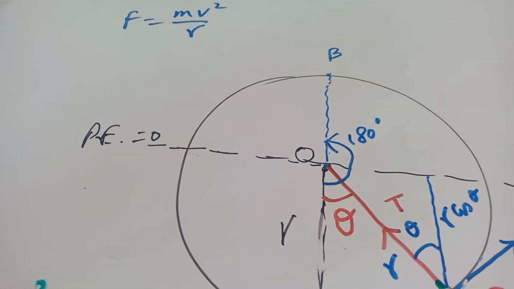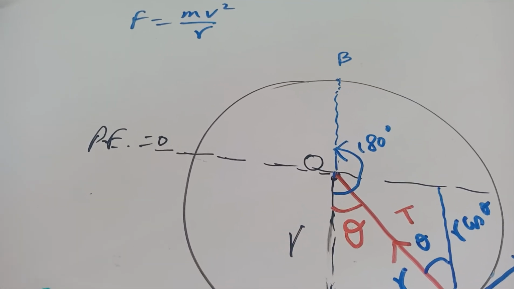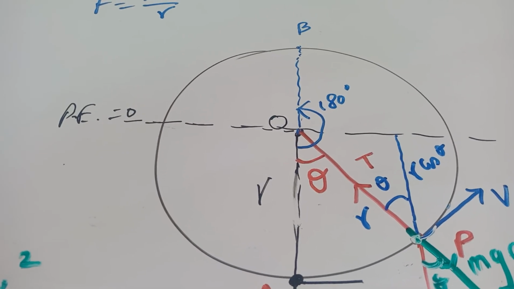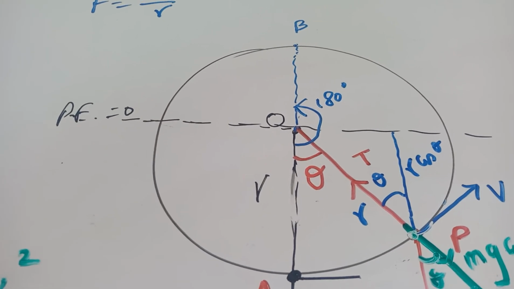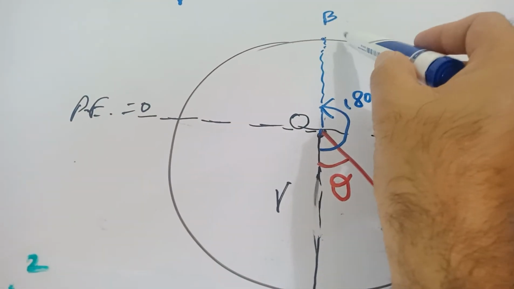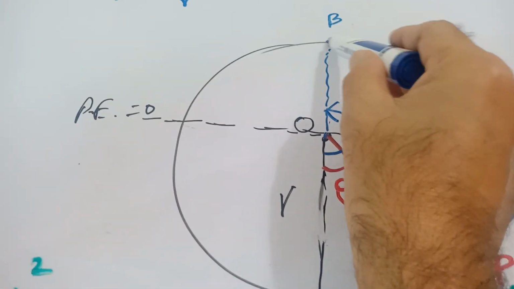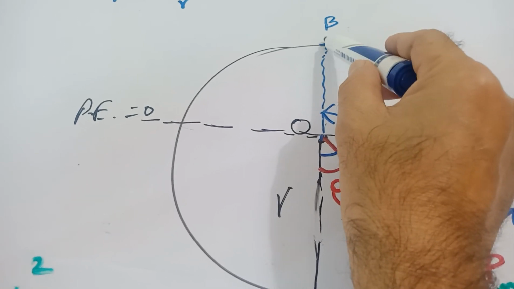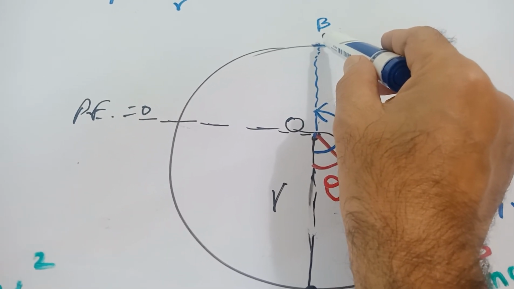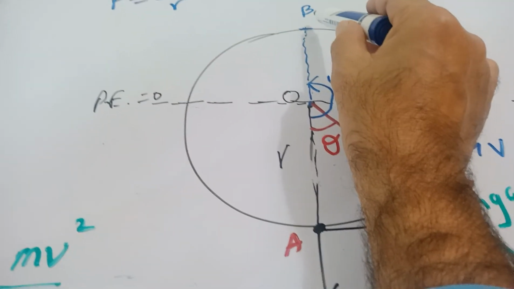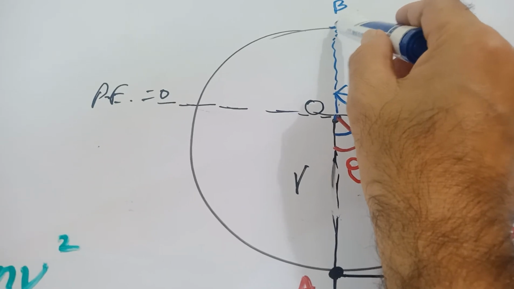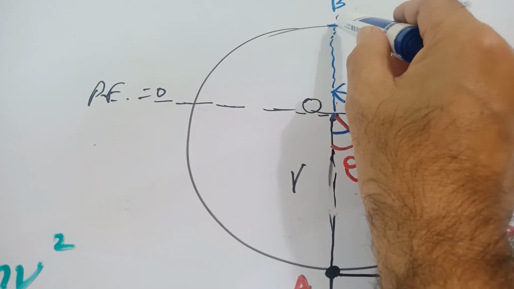And again, if you recall that projectile thing, when it has reached vertically the highest position over here, its final velocity is zero, but it has to be not exactly zero.